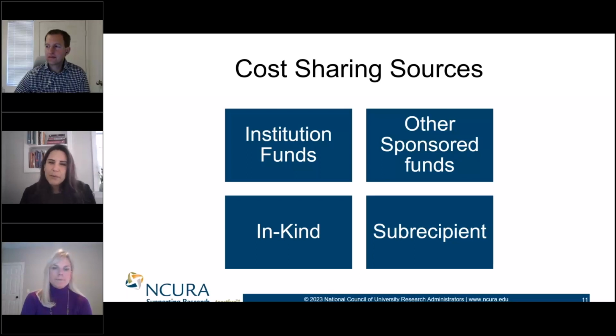Maybe it's a non-federal source in some way, or some other match that you have at the institution. You may have in-kind, which could be a donation from a third party. Perhaps it's books or food or some sort of supply that the research project or the sponsored project benefits from. And you may also include your friends and subrecipients in meeting your cost share obligation.